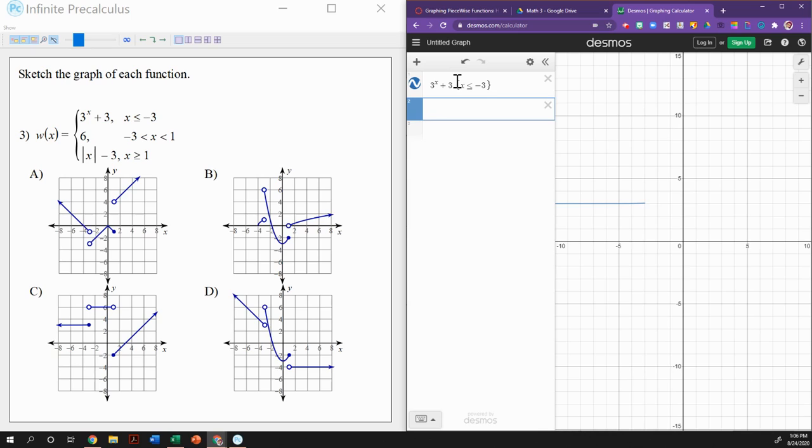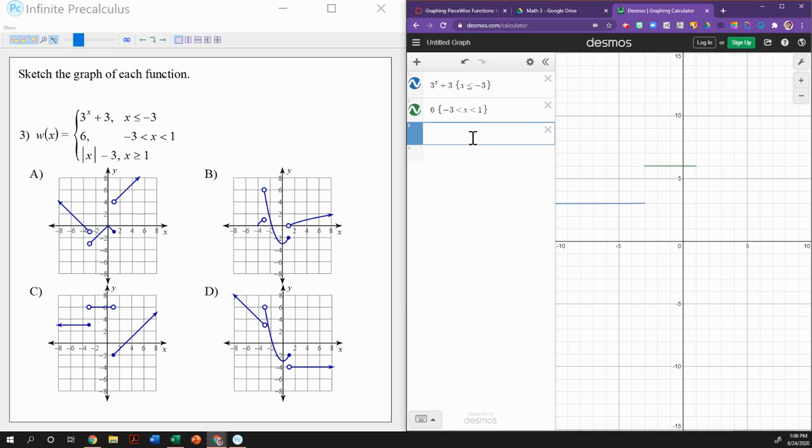Okay, actually, I need to probably put y equals 6, okay? That's to get that horizontal line to appear. Okay, -3 less than x less than 1. Okay, press enter. Let me actually take off y equals and see if it would do it. Oh, it will. Okay. Sometimes Desmos doesn't like to behave.